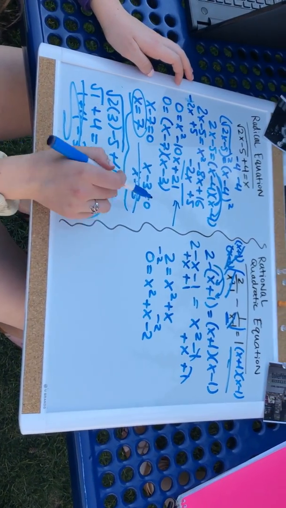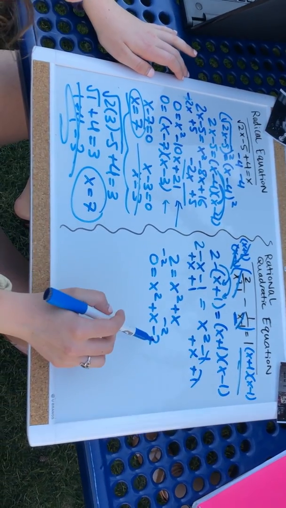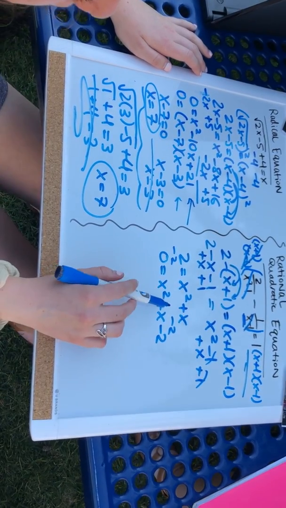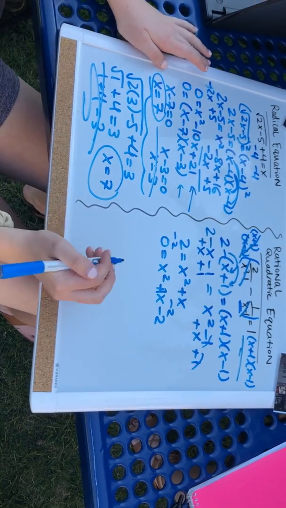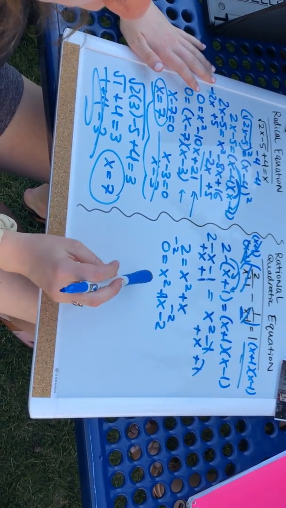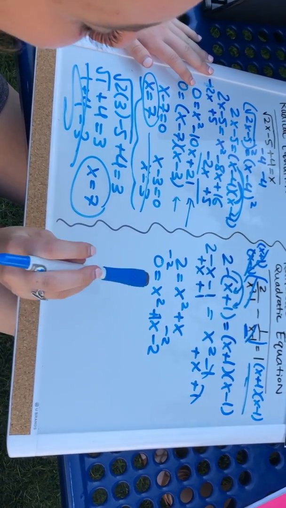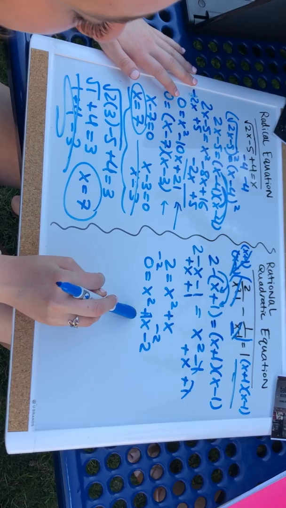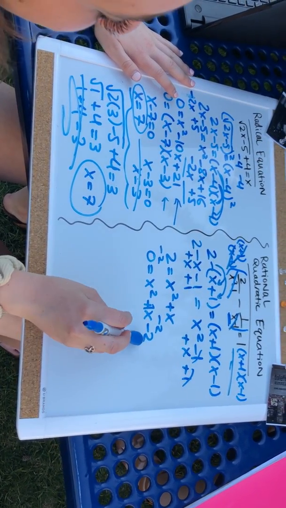So now we're going to do what we did here, and we're going to find which ones work to multiply to negative 2 and add to 1, because it's like 1x basically. So let's do that. Negative 1 plus 2 equals 1, and negative 1 times 2 equals negative 2.